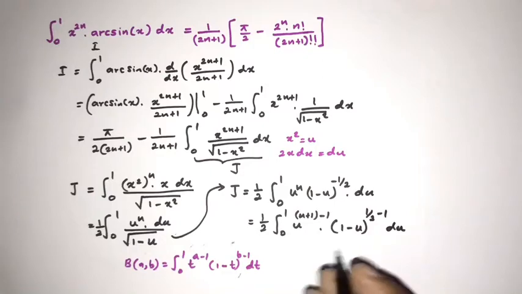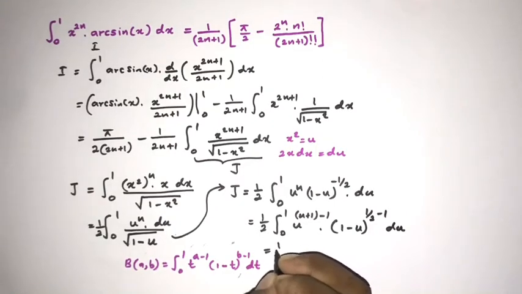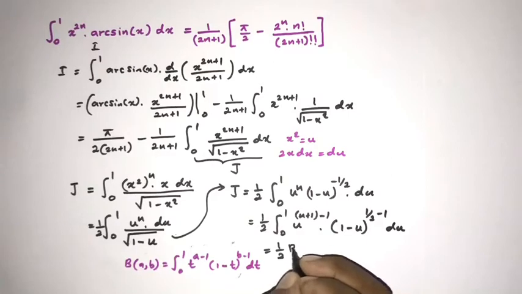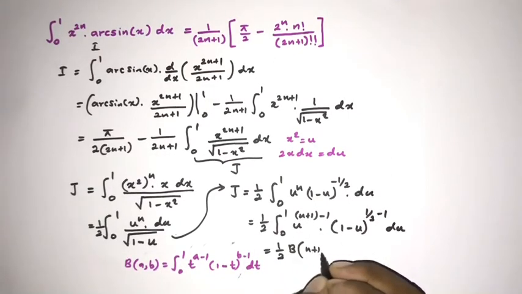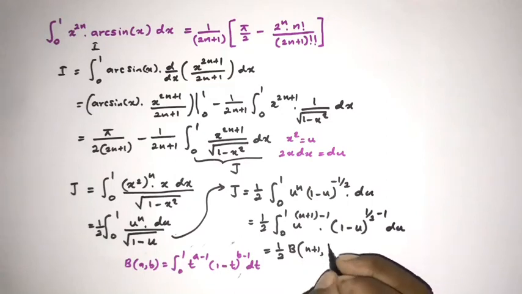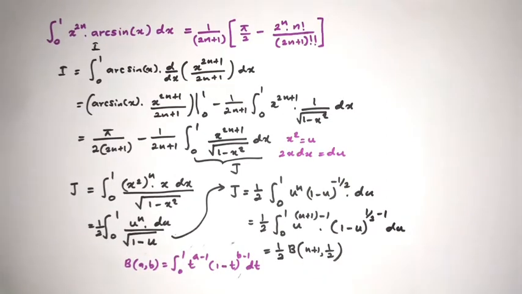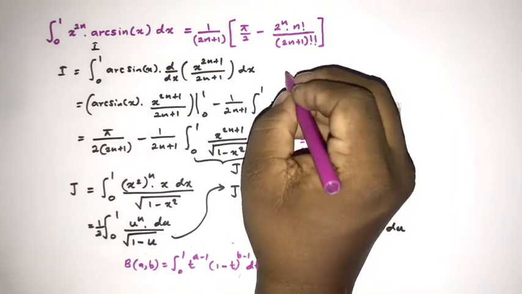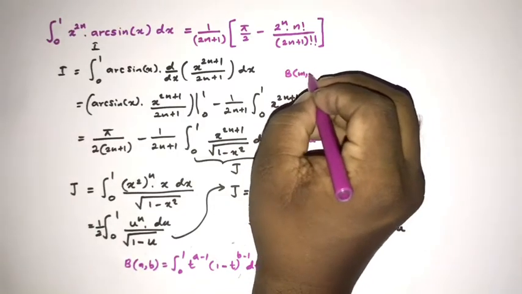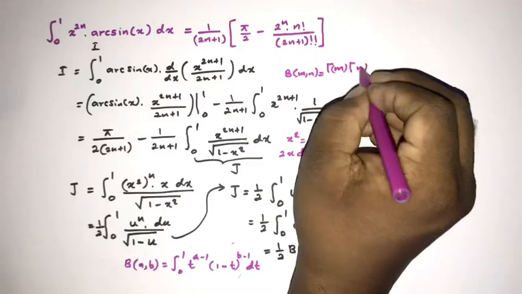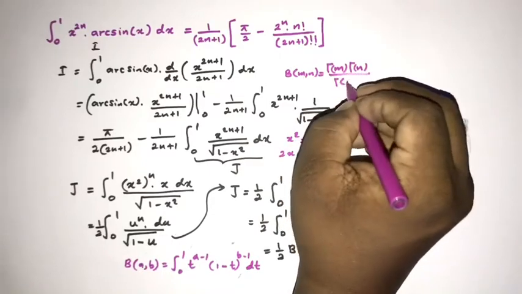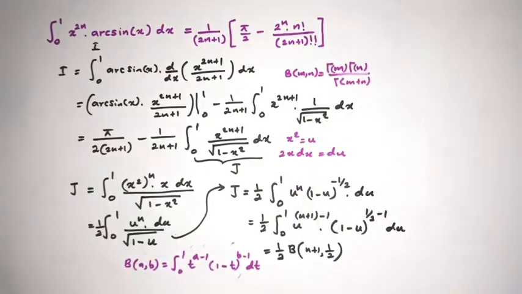So we can write J is equal to 1 half beta of, now instead of a we have n plus 1, instead of b we have 1 half. Okay, then we know the relation between the beta function and the gamma function. Beta of m, n is equal to gamma of m times gamma of n over gamma of m plus n.